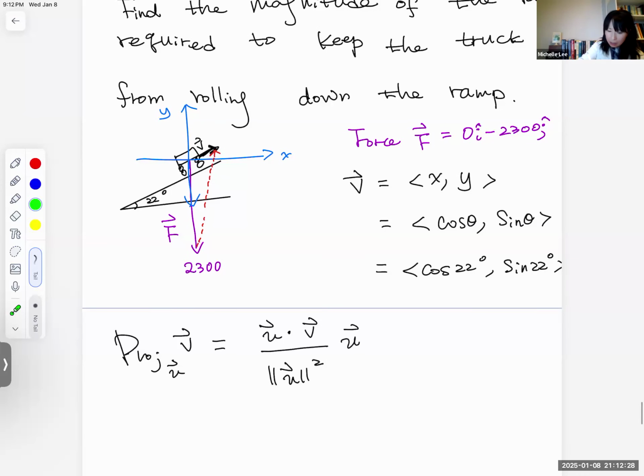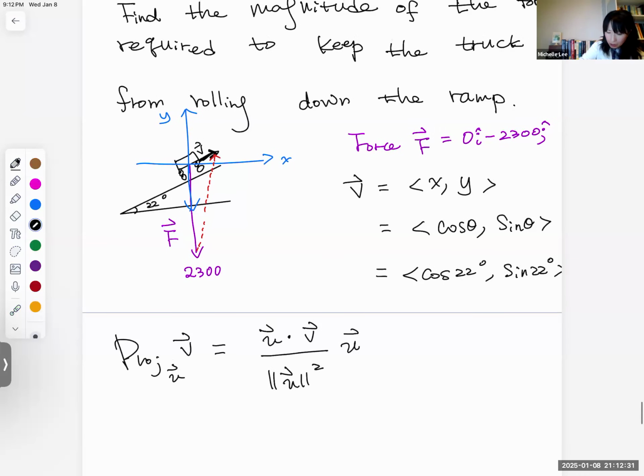I just follow that projection of vector F onto V, this one, project onto the vector V.